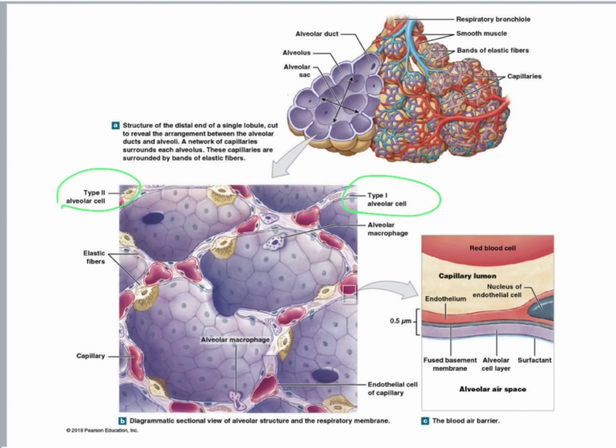And consequently, gas exchange cannot happen. So this surfactant produced by the type 2 alveolar cells works as a detergent, and the presence of this detergent does not allow the sides of the alveolar sacs to glue to each other, because the detergent reduces surface tension, and then you can keep breathing in and out.